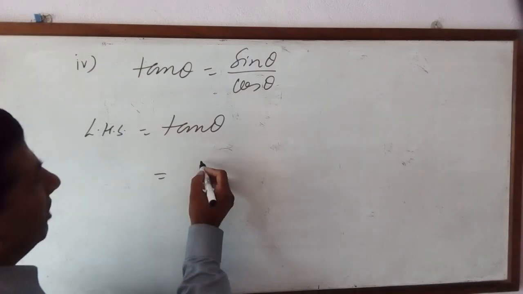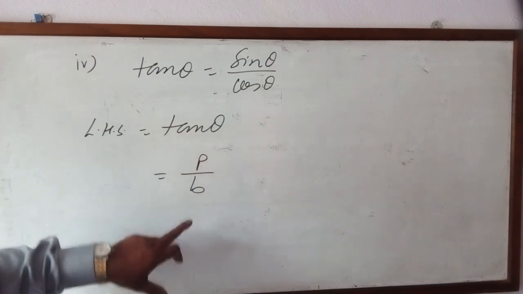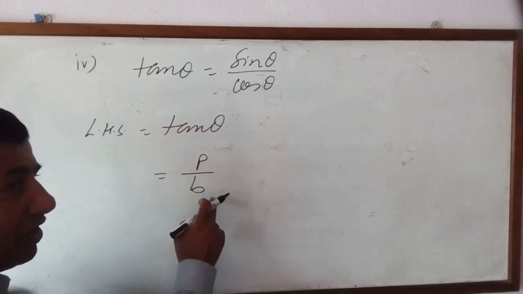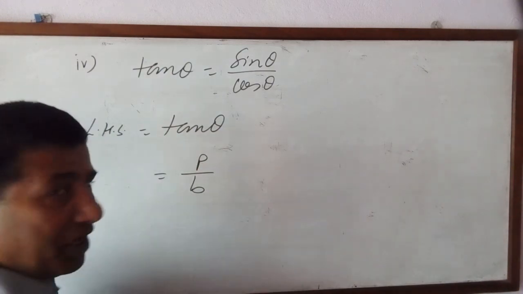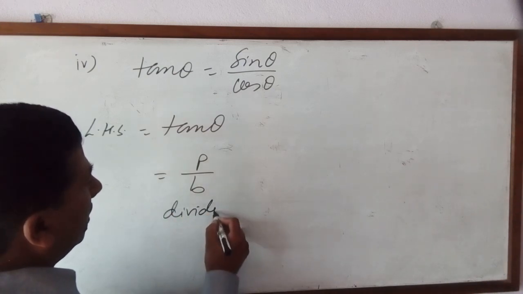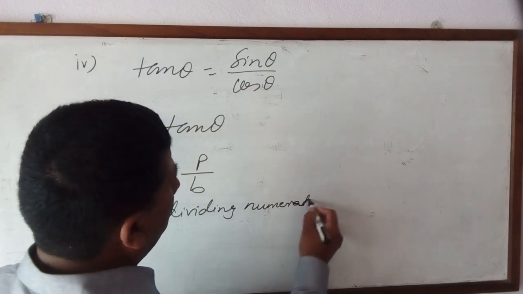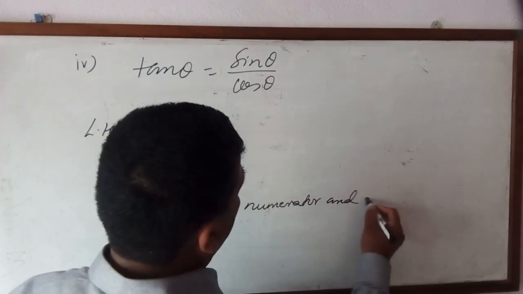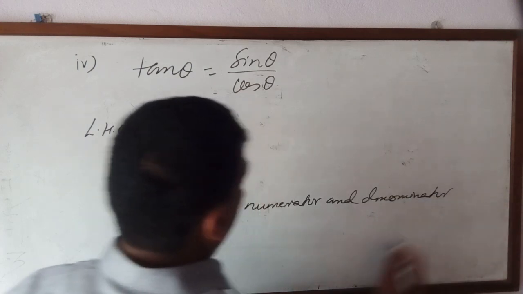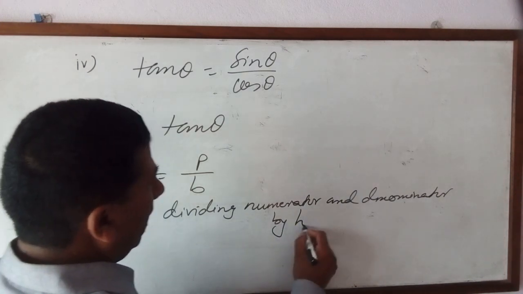What is the ratio of tan theta? The ratio of tan theta is P by B. Now we can divide numerator and denominator by h.